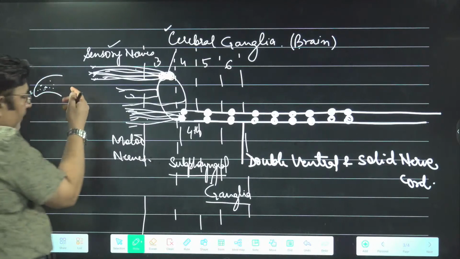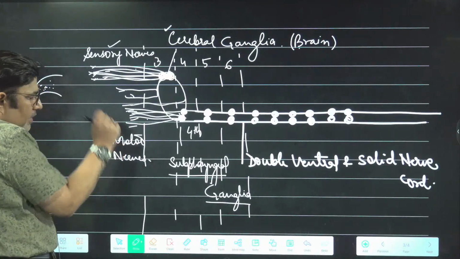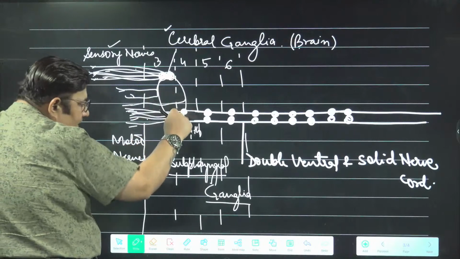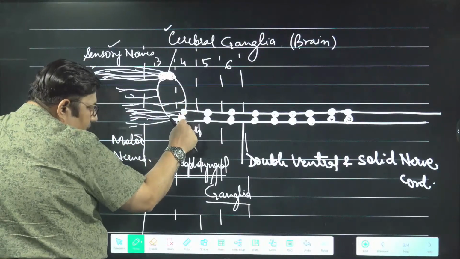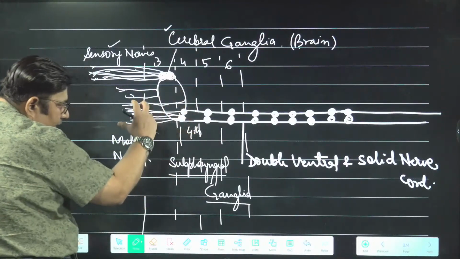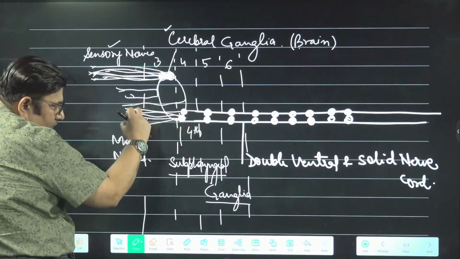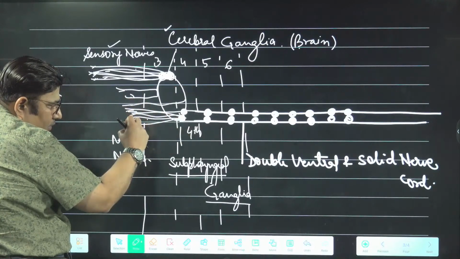The moment it finds it is good to eat, what will happen? It will send the signal to the lower part, which is the motor part, and then the mouth is innervated. So motor signals go to the mouth.